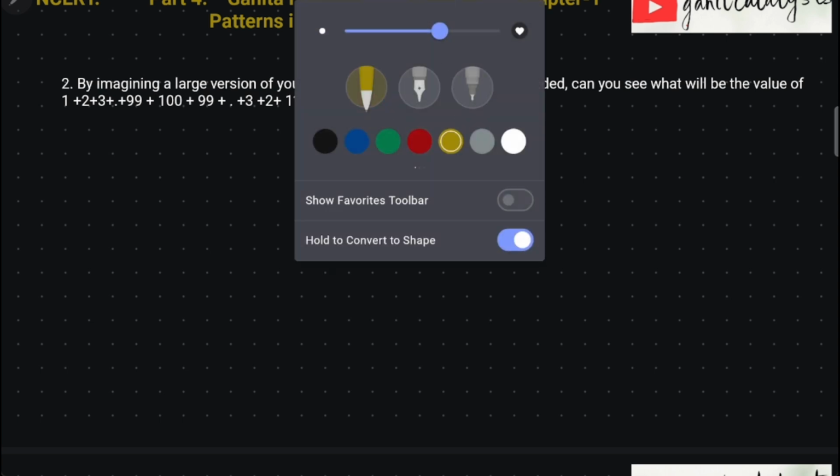Next question. By imagining a large version of your picture or drawing it partially as needed, can you find the value of 1 plus 2 plus 3 up to 100 and then decreasing order 99 up to 1? Already we have done counting numbers in increasing order. So here it is 1, 2, and it increases up to 99 and 100.